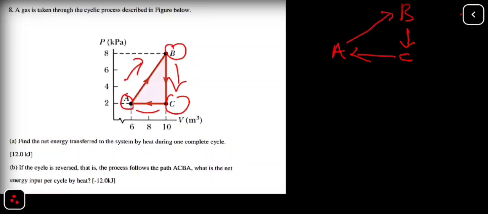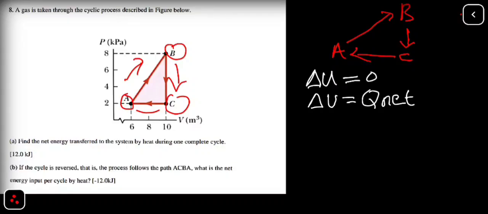Since the system returns to its initial state, the change in internal energy is equal to zero.